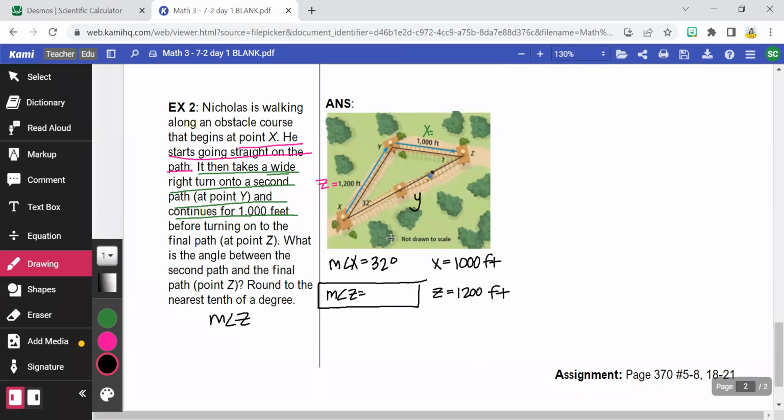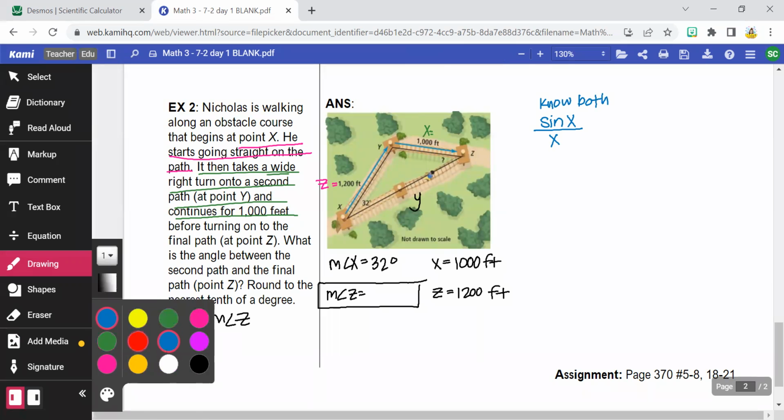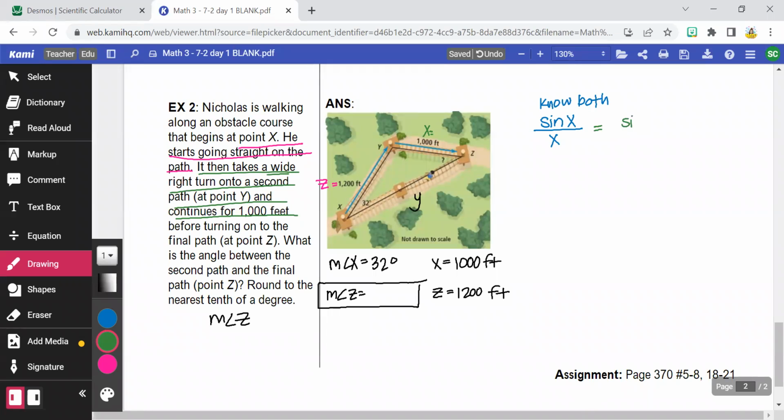Okay, so we can set up law of sines. Remember that since we know everything about X, we're going to use sine X over X because we know both. And then that's going to be equal to sine Z over Z because we know one.